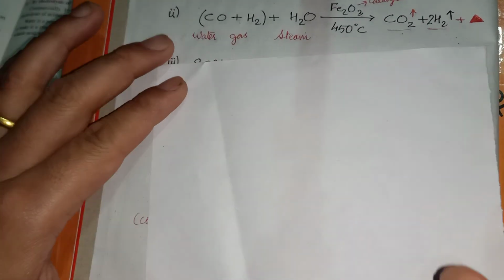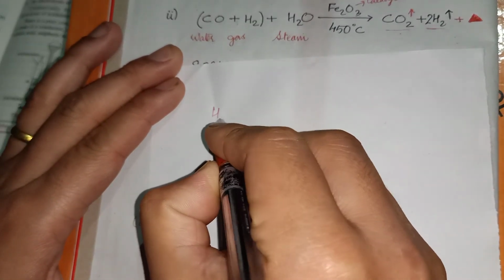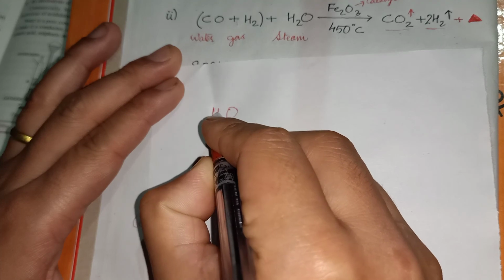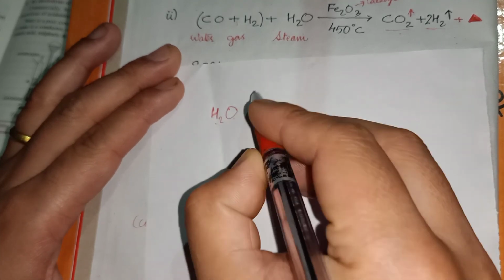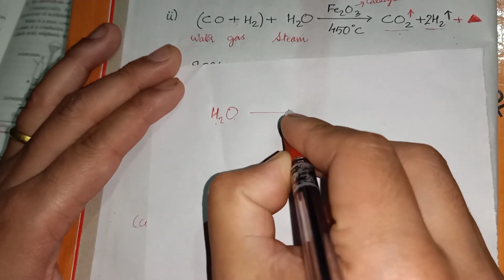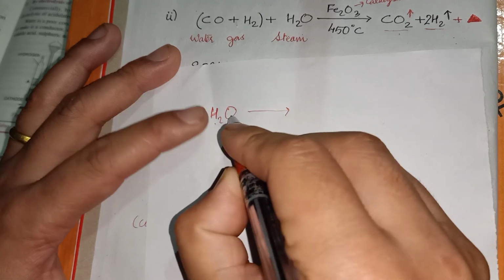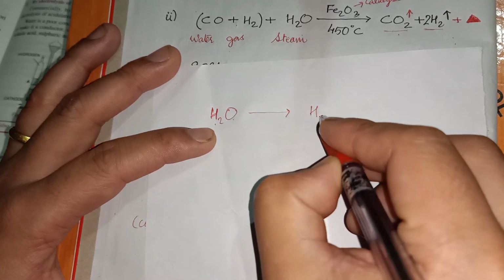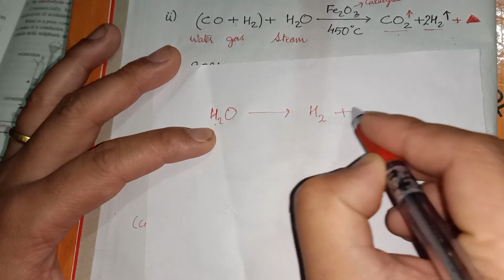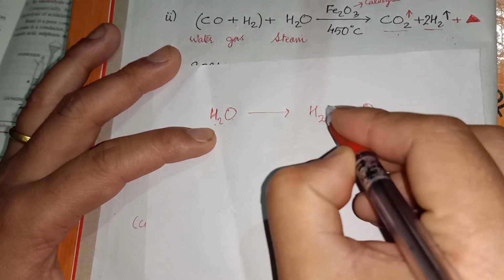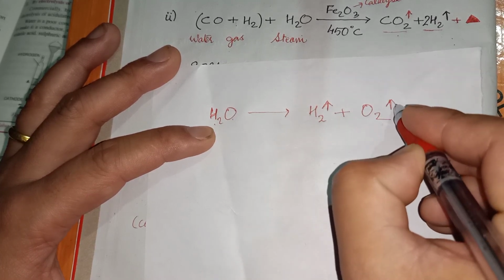So electrolysis of water: water, H2O, the composition of water is hydrogen and oxygen. So when we pass electric current through this, it breaks down to give us hydrogen gas and oxygen gas. This is also gas, this is also gas.